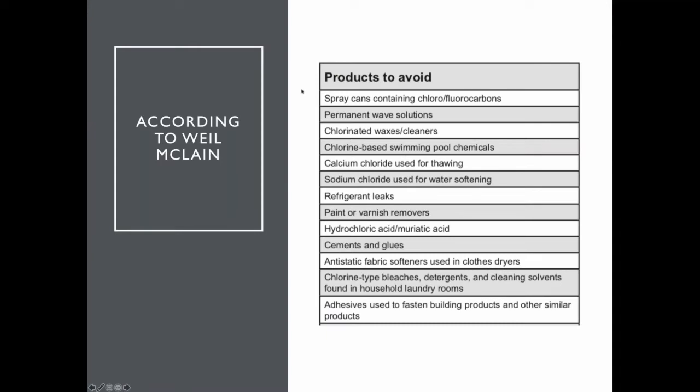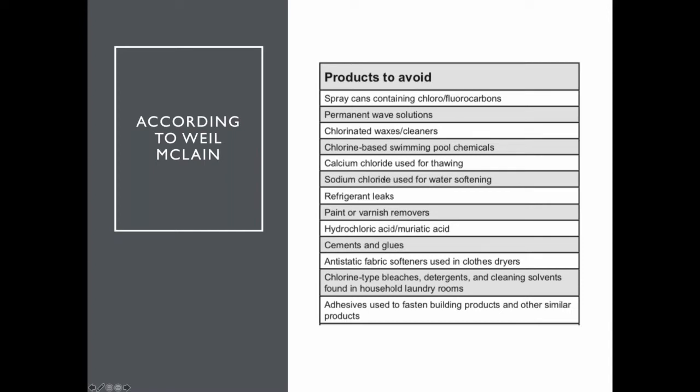Weil McLean put this together, and I thought it was a pretty interesting thing. And I would challenge you to think about your last boiler room that you visited. Look inside, look on this list. I would bet that there's at least one or two of these items which were in your last boiler room. For example, sodium chloride for the water softener.